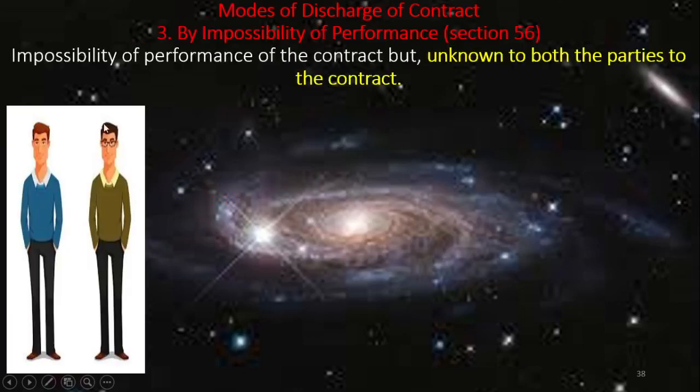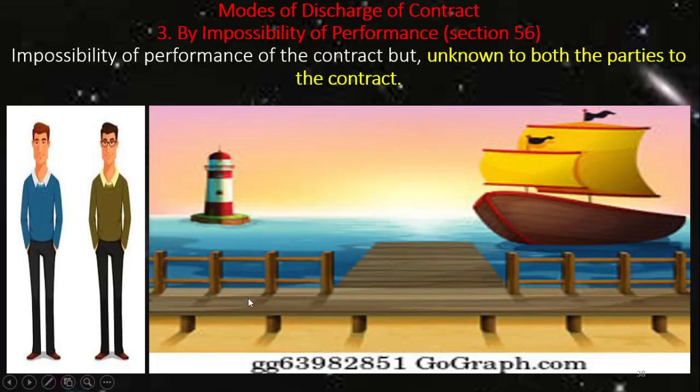The second one, impossibility of performance of the contract but unknown to both the parties to contract. So Anil and Sunil entered a contract regarding some goods which are yet to come by ship, but they were unaware of the fact that while coming, the ship was destroyed.